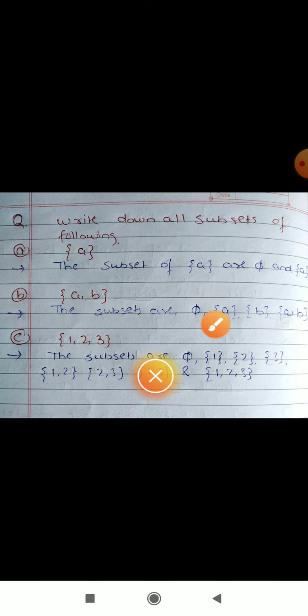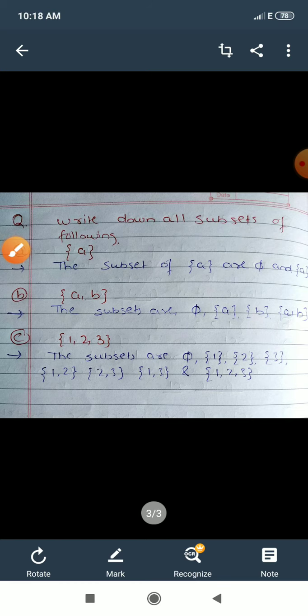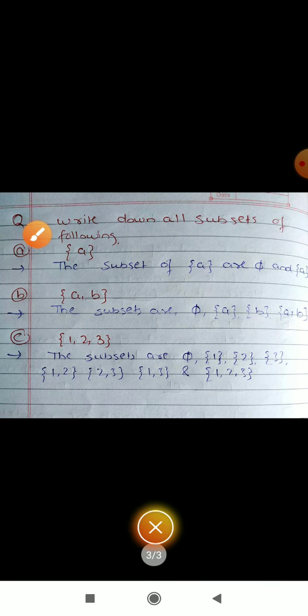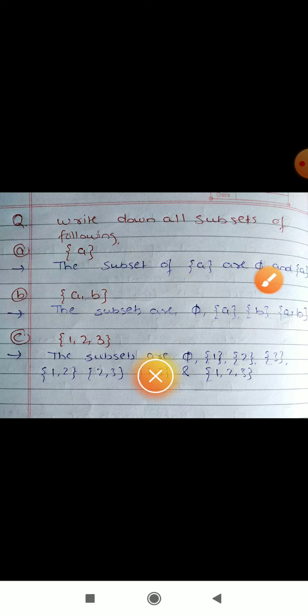Now here, first is set A. Tell me, what is a subset of A? The set itself, A. Set A is a subset of itself and phi is a subset of set A. Therefore, the subsets of A are A and phi.